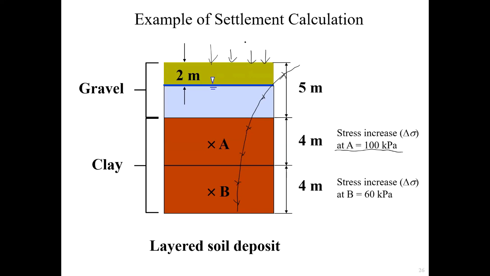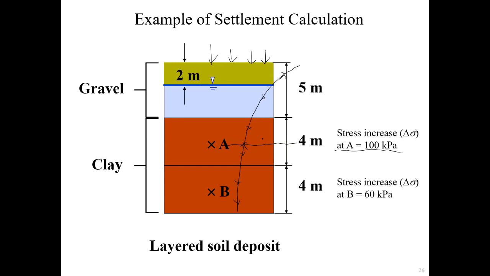And in this one, if we apply some load on top of the ground, it generates some vertical stress increase at 7 meters below the ground. So 5 plus 2, 7 meters below the ground. It generates stress increase of sigma equal to 100 kPa.